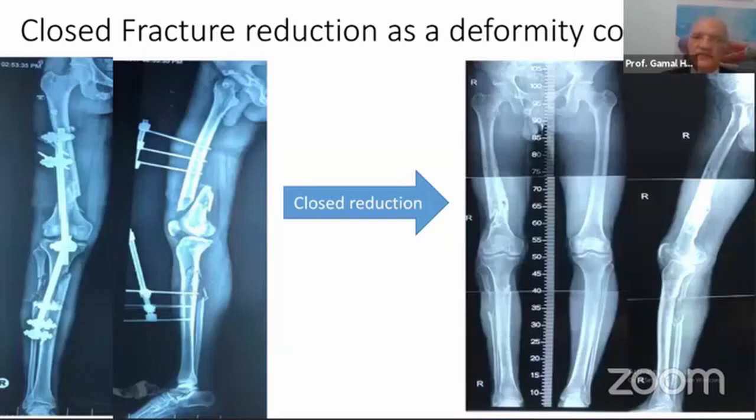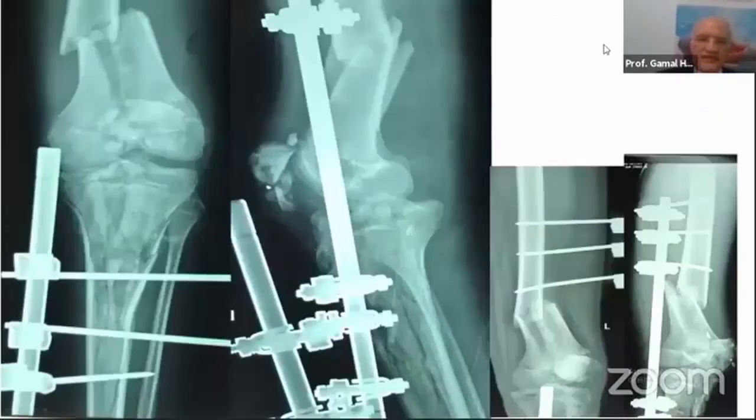Many people think circular fixator, the external fixator, means that you do reduction, then you put the frame. No. You can reduce the fracture after the operation, gradually, 1 millimeter per day. You consider the fracture something like lengthening, and I will show an example. This patient presented to us about 31 days after the operation.